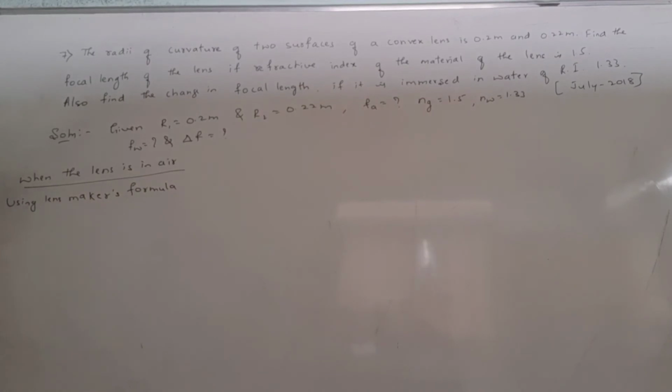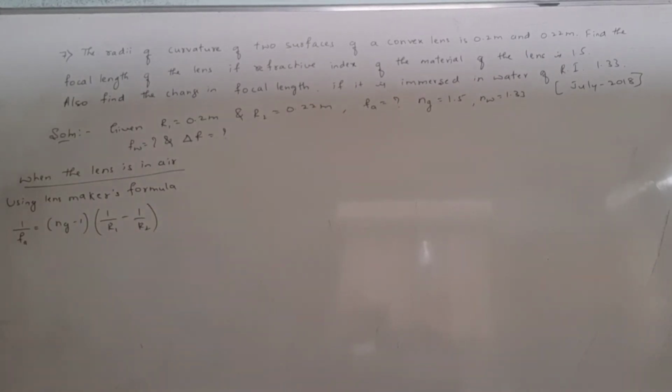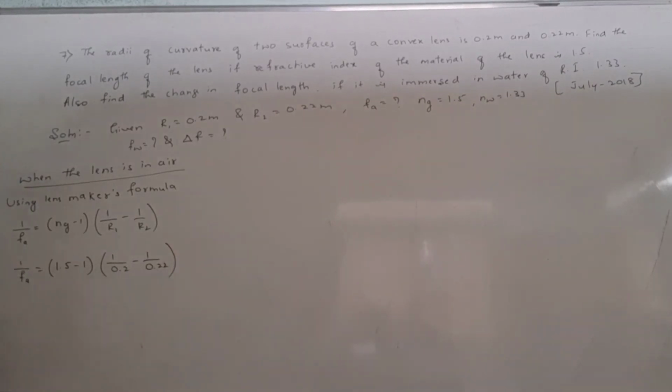So that is 1 by FA equal to NG minus 1 bracket 1 by R1 minus 1 by R2. So now 1 by FA equal to NG value 1.5 minus 1, this is bracket, 1 divided by 0.2 minus 1 by 0.22 here.